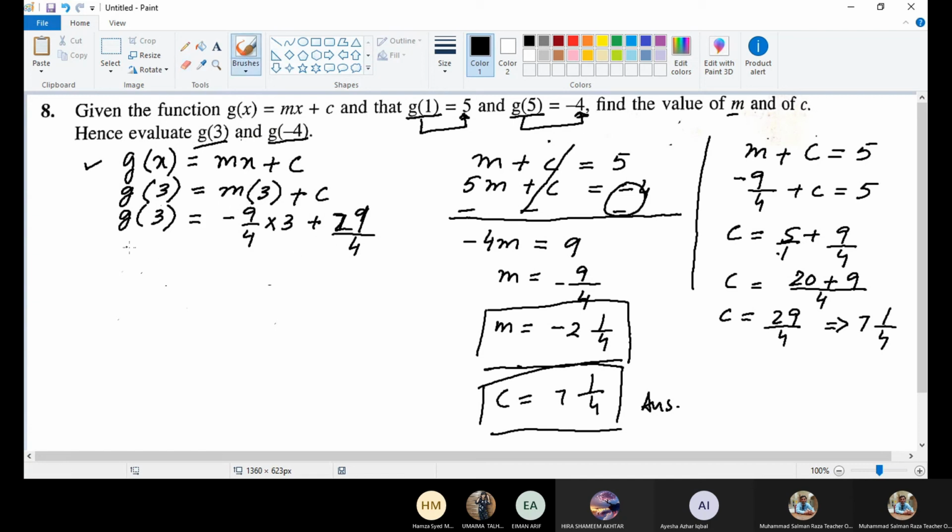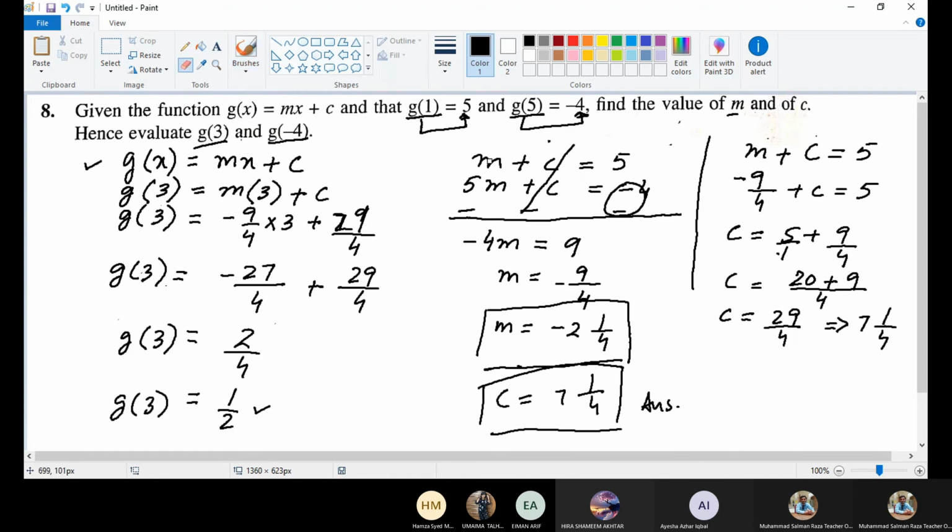Now g of 3 is equal to minus 27 over 4 plus 29 over 4, and this becomes 2 over 4, because 29 minus 27 is 2, as the denominators were the same. So the final answer of g of 3 is 1 upon 2. I am going to erase this part.